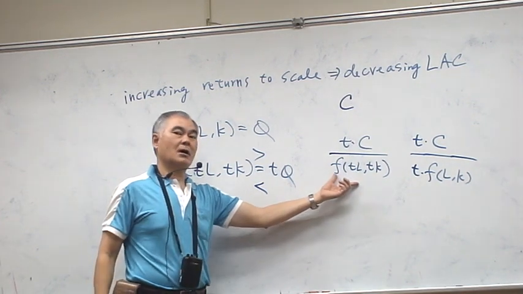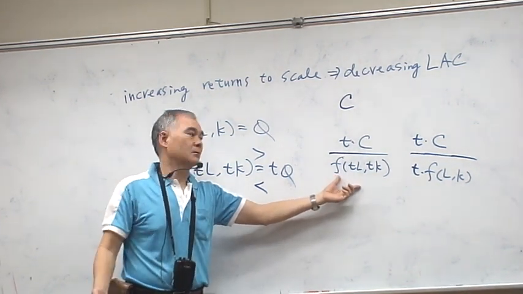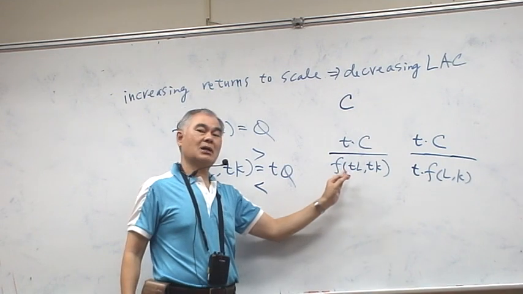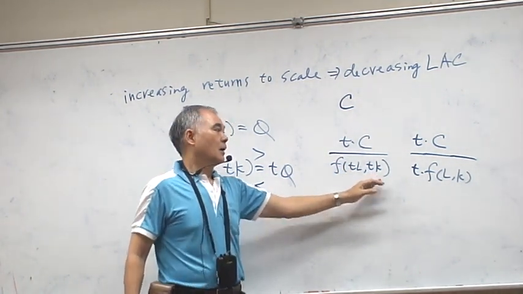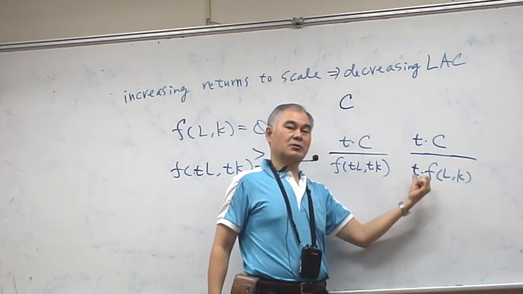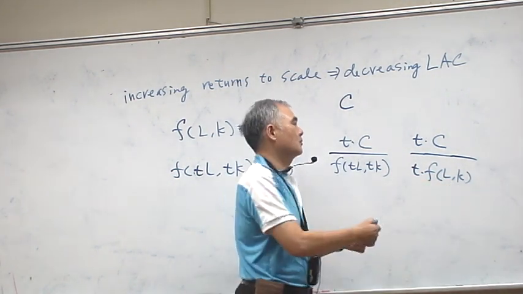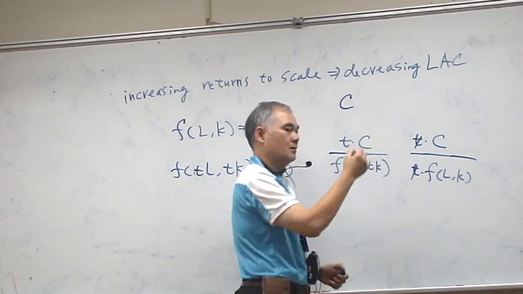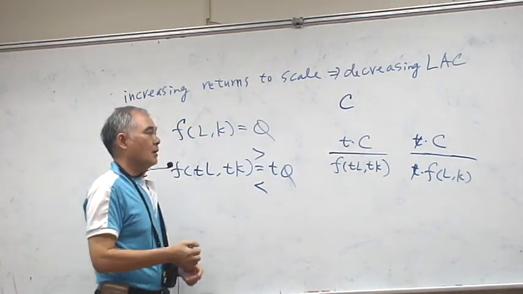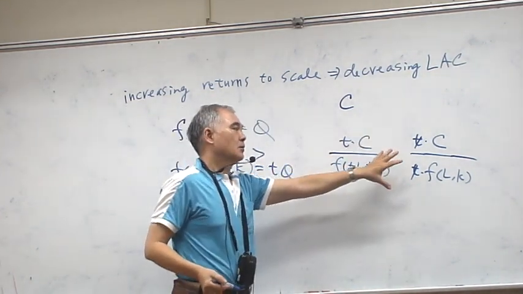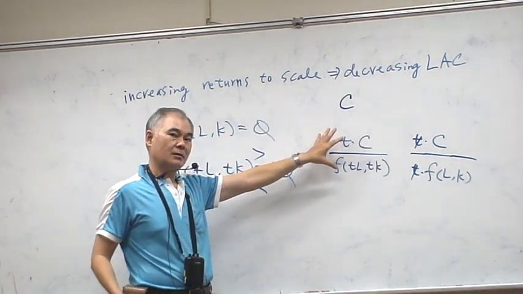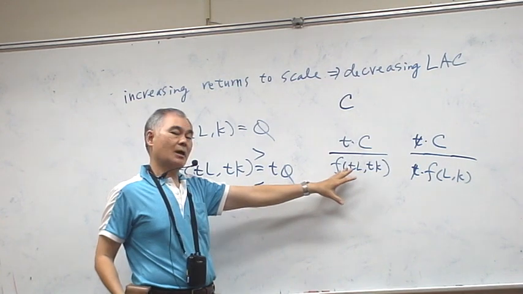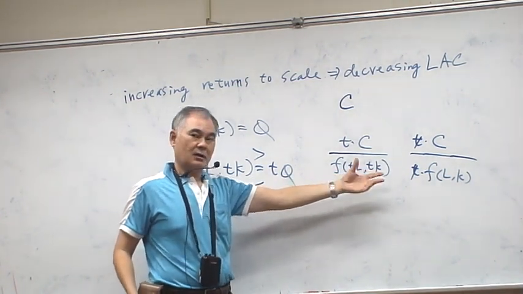Because in this case, we are trying to figure out, we are getting t times more labor, t times more capital, and this is the production function. You put a t times there, but what you get, you cancel it out, right? And we want to compare these two. So this is the original one, and here you have t times more L and K.